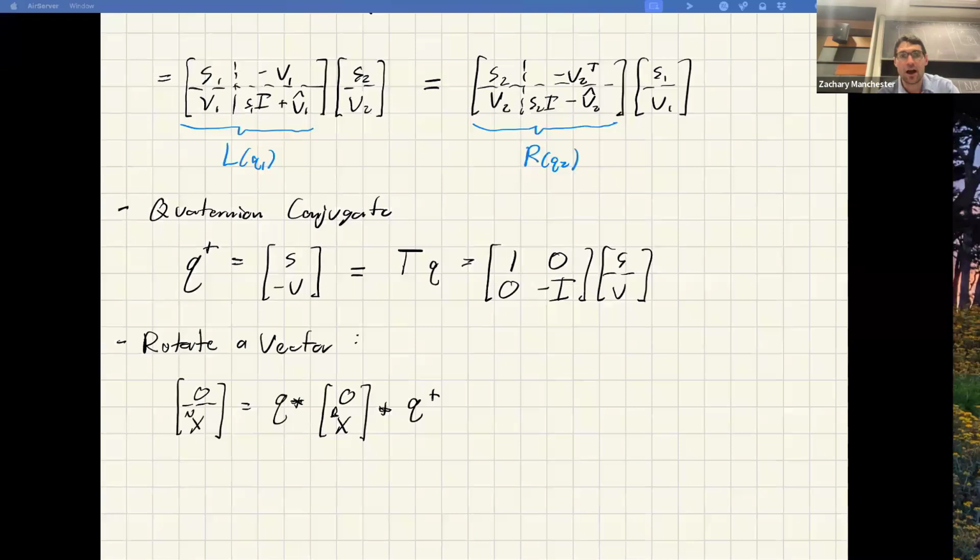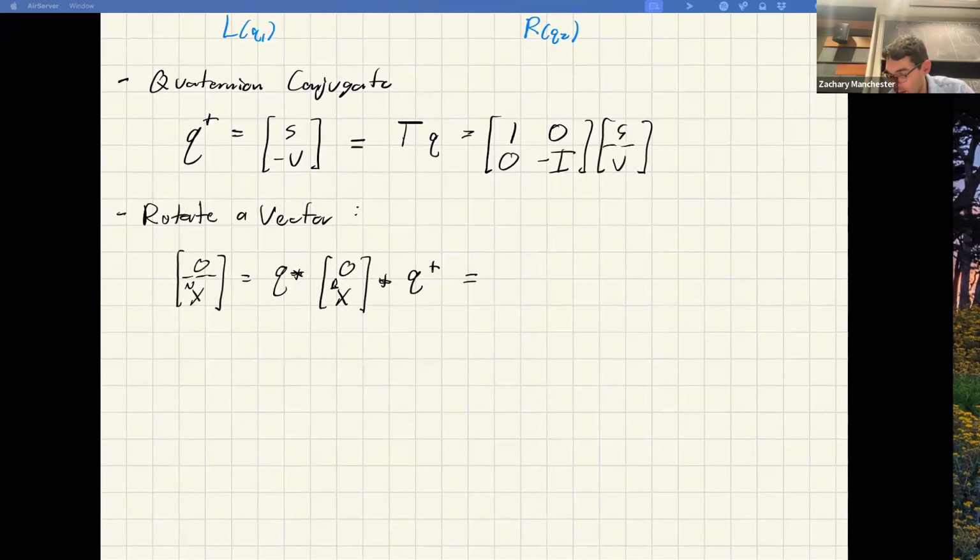There's more to that. And if I go write this out in terms of my L's and R's and T's, back to the matrix thing, we're going to also define a matrix version of this for convenience. We're going to call this H for hat times X. So this H is literally just 0, I. So it's taking a 3 vector and promoting it to a 4 vector with a 0 on top.